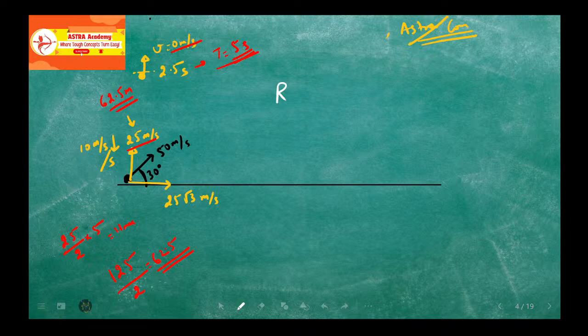I'm waiting for the answer. Unless you give me the answer, I won't proceed forward, right? Please, guys. You can use the calculator, or you can directly write it in terms of root 3.